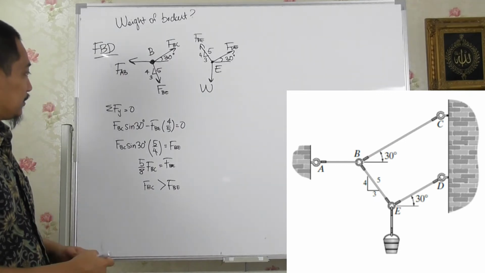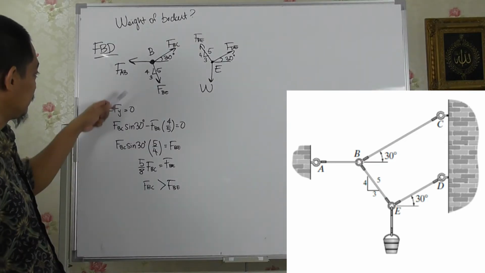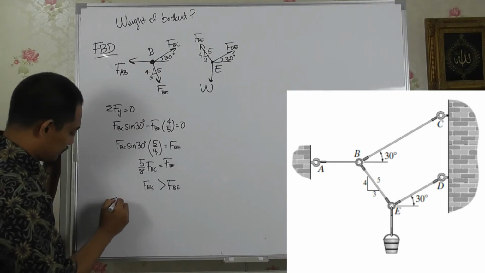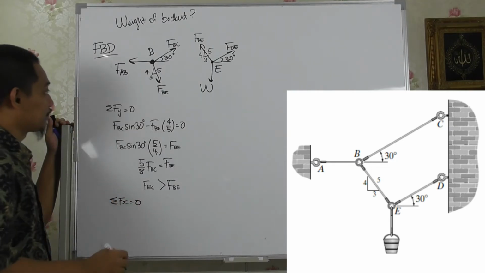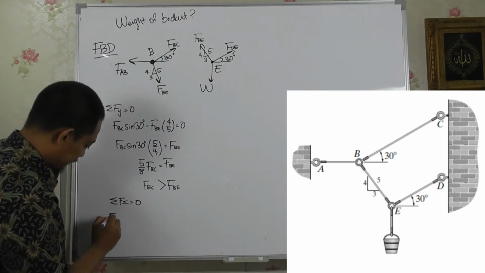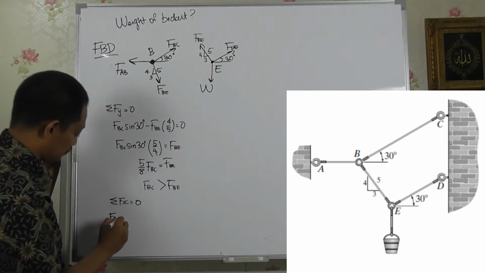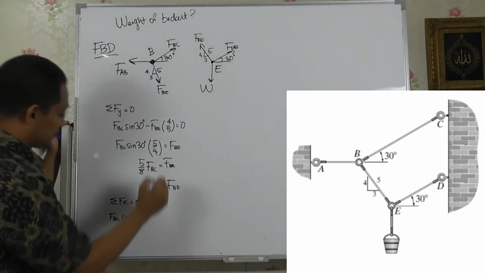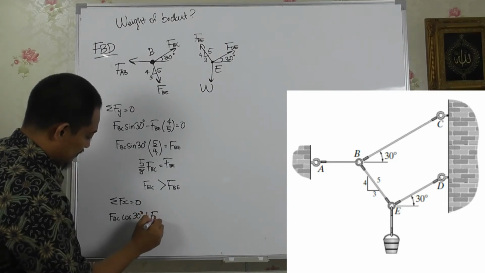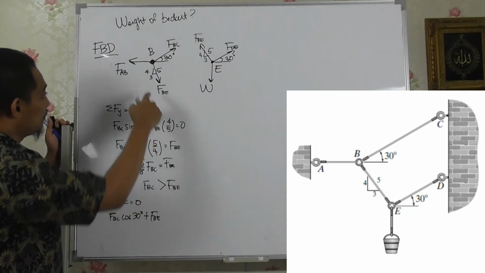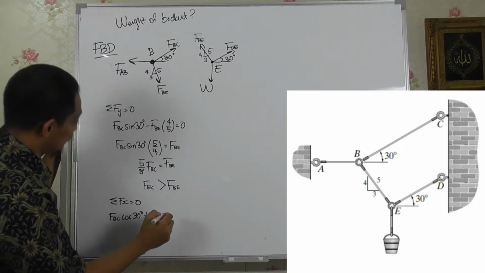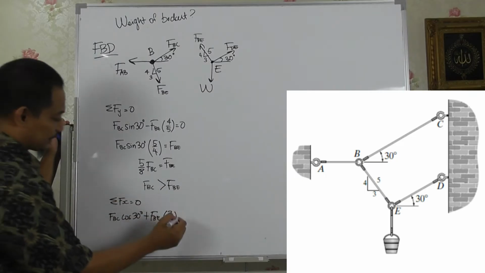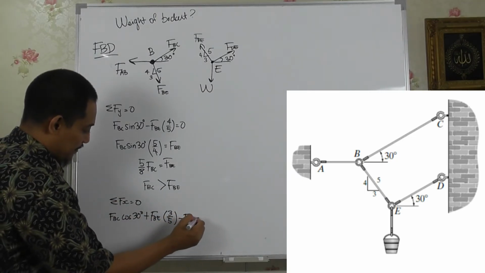Okay, so let's compare with FAB. If you do summation of Fx equal to 0, you'll have FBC cos 30 degrees, and then plus FBE 3/5, and then minus FAB equal to 0.